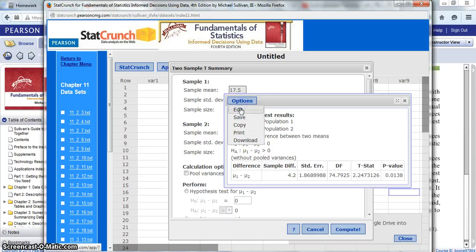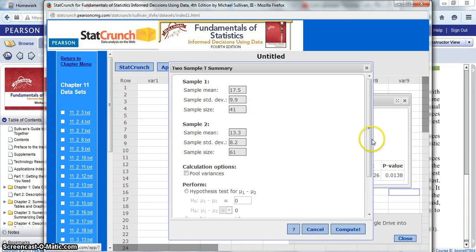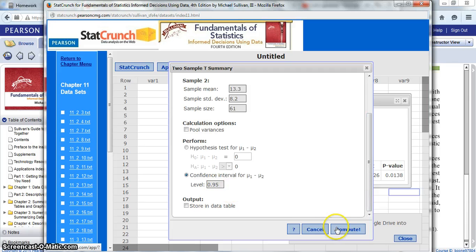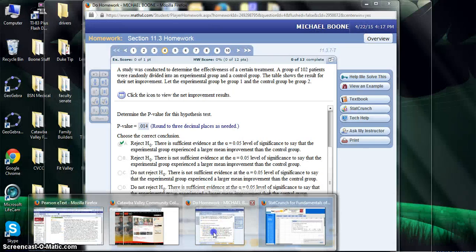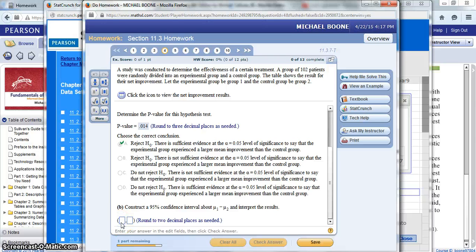Let's go back to here. 95% confidence interval. Let's compute. And we get a lower limit of 0.4768 and an upper limit of 7.9232. When we round these values to 2 decimal places, we get 0.48 and 7.92.